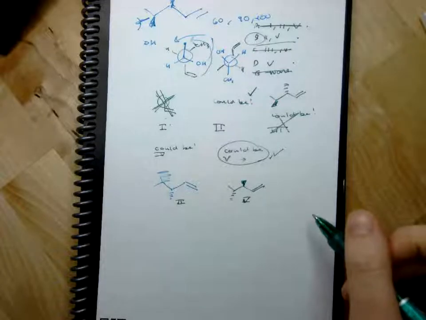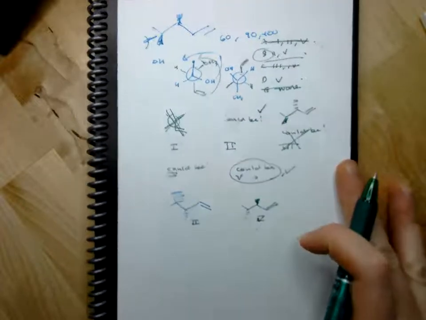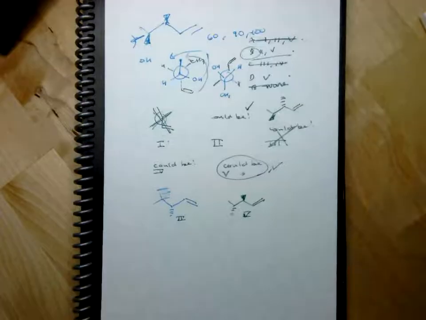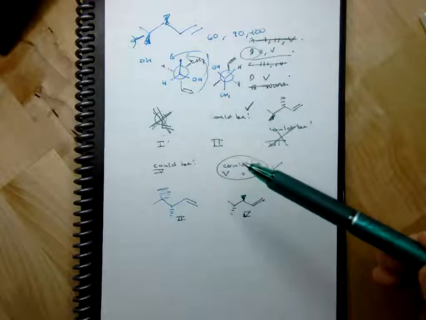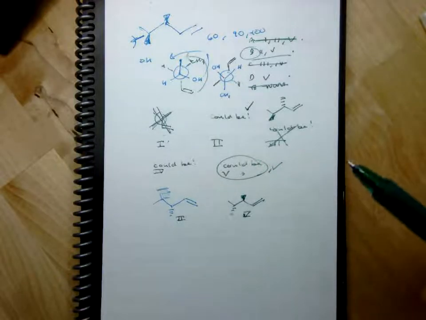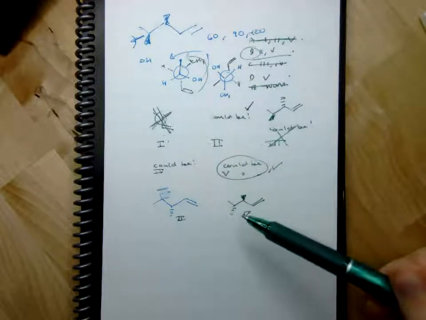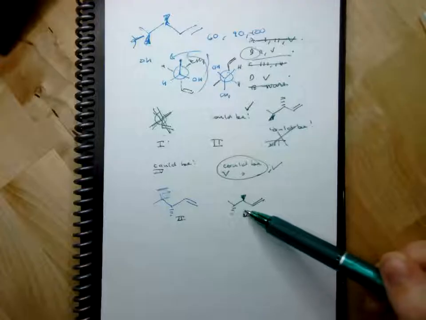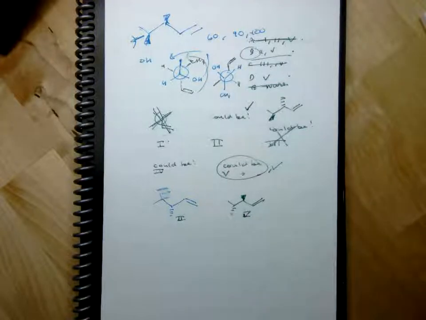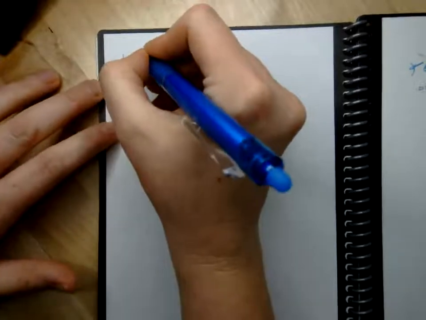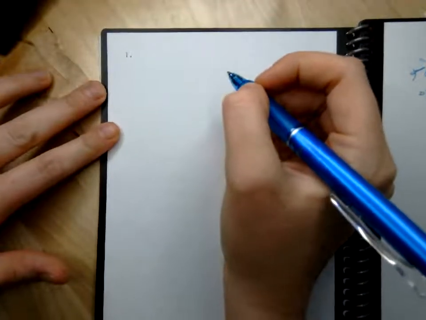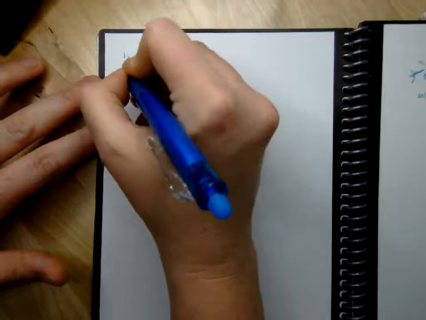This is good practice for you if you're wanting to improve your stereochemistry or your representations of Newman projections. I was able to find the 2 that were right, but I was also able to convert what the wrong ones were representing, and that could be valuable to you. So for number 1, I'm going to make an answer key as we go through because I still have to grade this. For number 1, the answer is 2 and 5, so that's answer B.